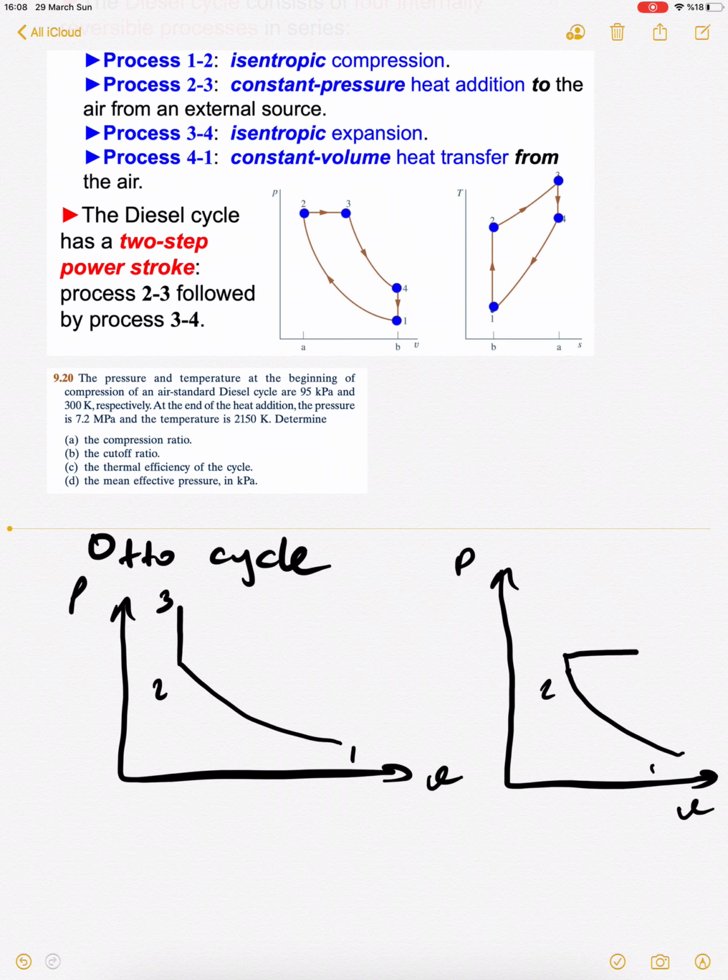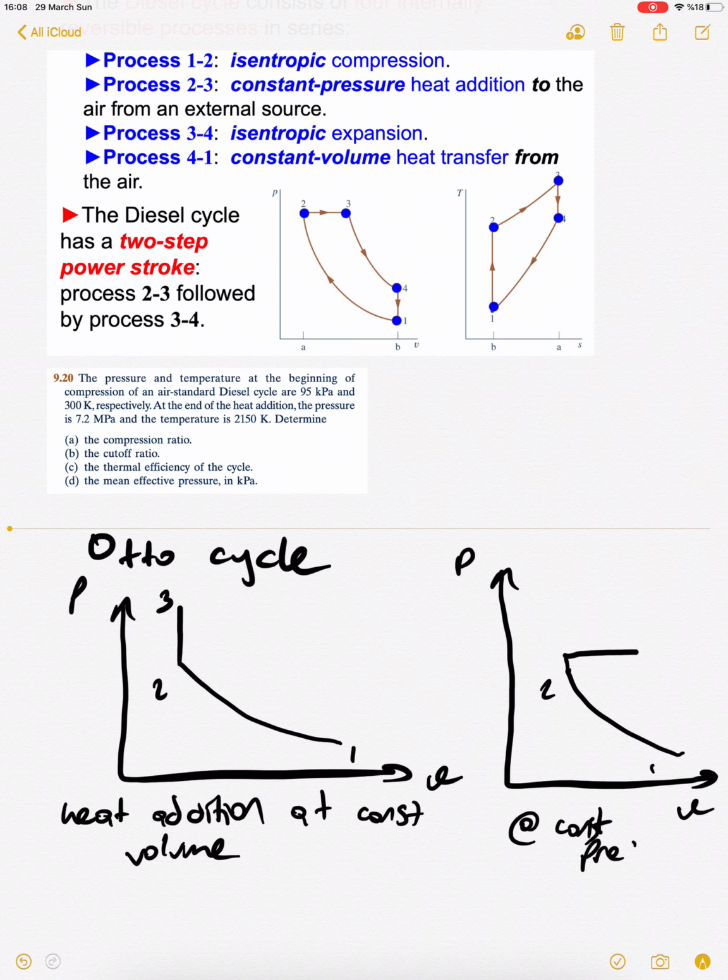So here we have heat addition at constant pressure. This is the major difference. The remaining is the same as you go here and as you go here. So this is 1, 2, 3, and 4.